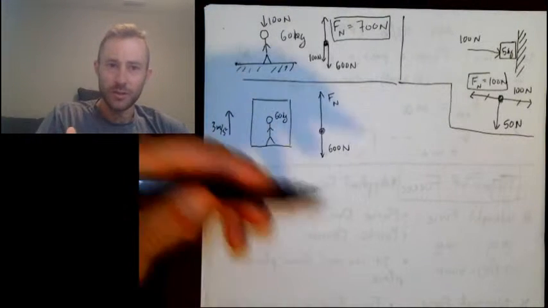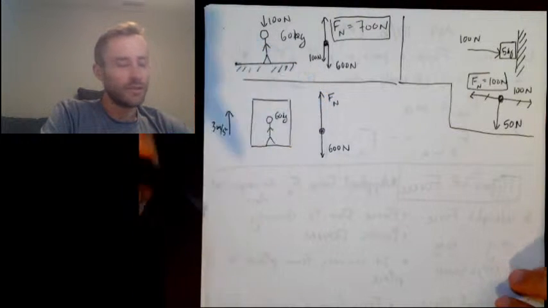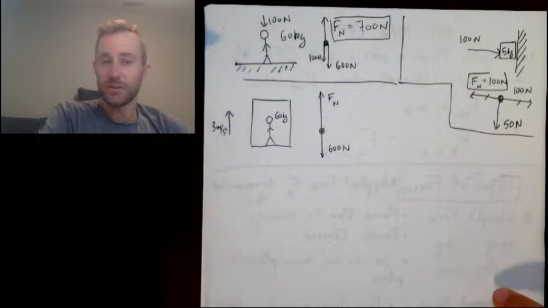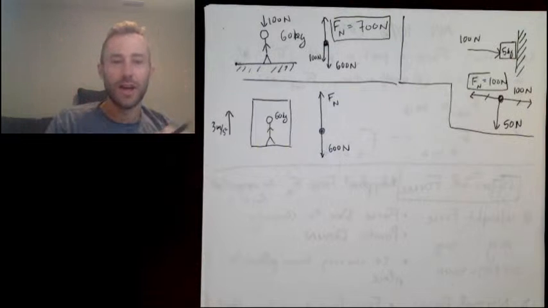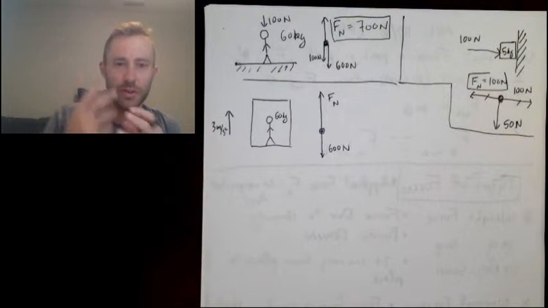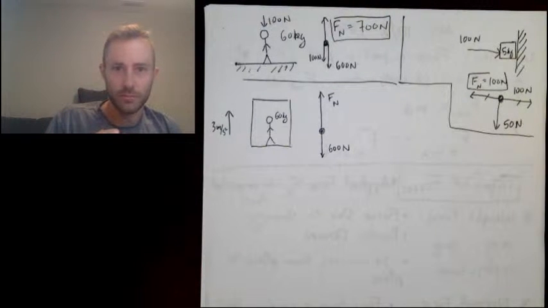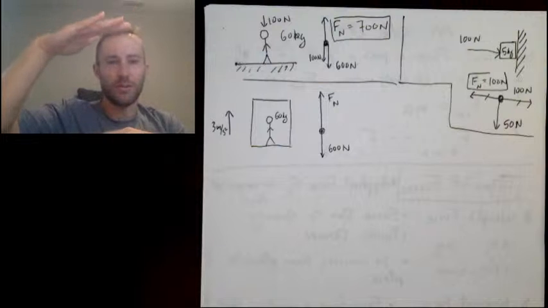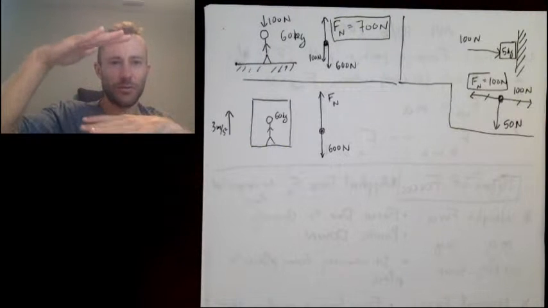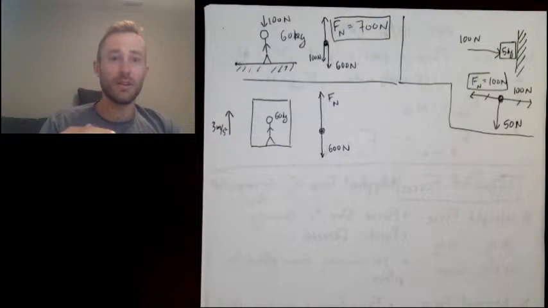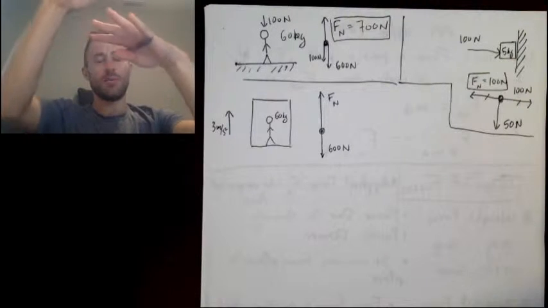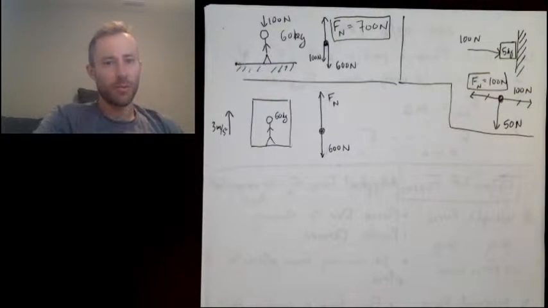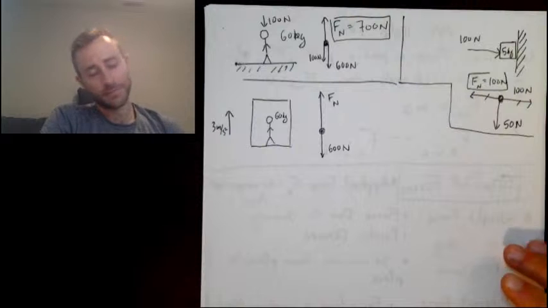Because in order for the person in the elevator to accelerate upward, there has to be more upward force than downward force. You get what I'm saying? If there was an equal amount of upward force and downward force, then it would just be at rest. But in order for the elevator to accelerate upward, you need more upward force than downward force.